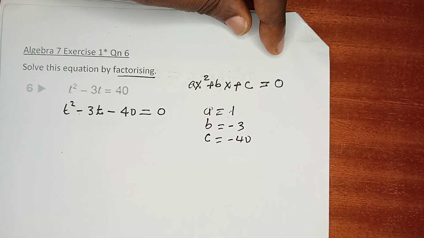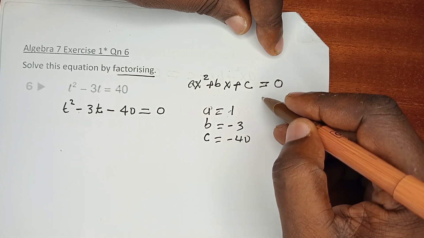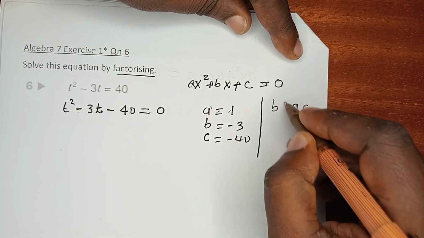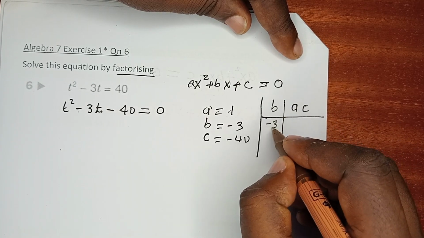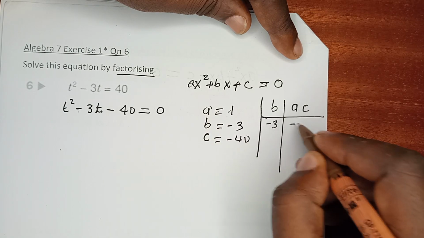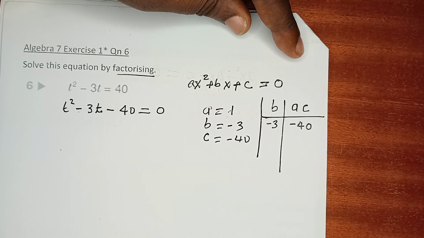Let me now bring in the BAC approach. What is BAC approach? BAC. What is our B? Minus 3. What is our AC? A times C, minus 40. The two questions now follow.